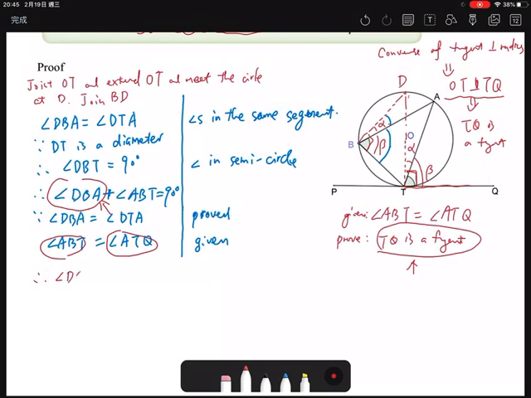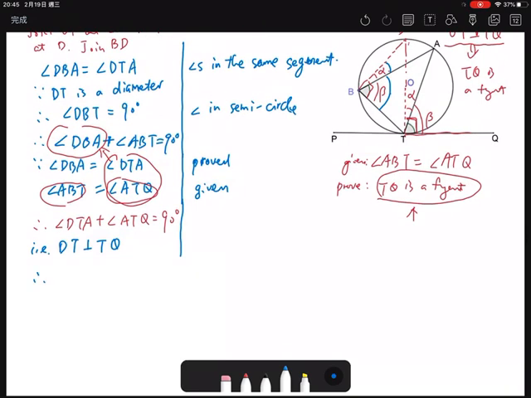So we can get that angle DTA plus angle ATQ is also 90 degrees. It means that DT is perpendicular to TQ.